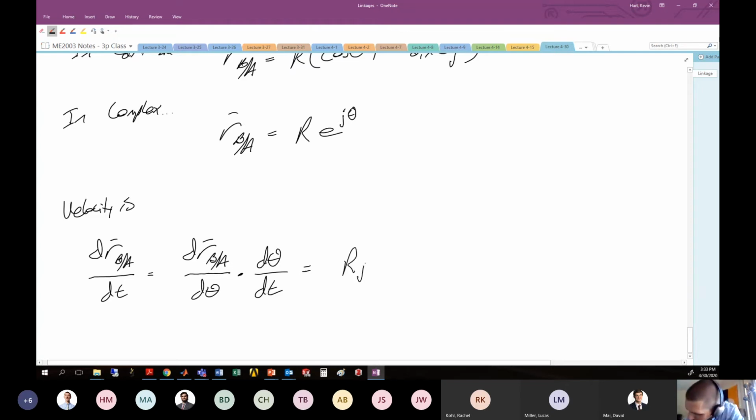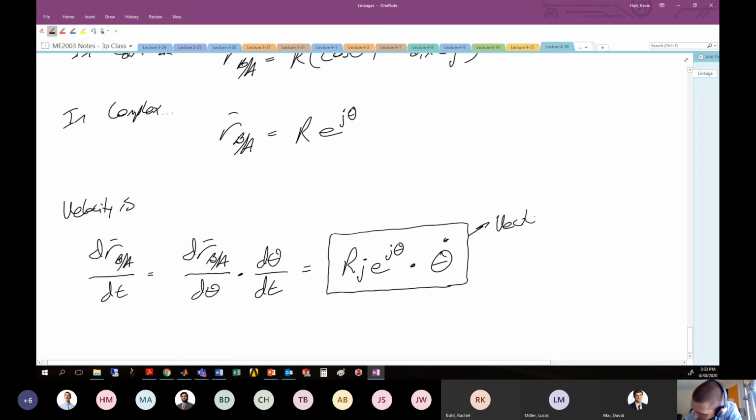So this is r j e to the j theta times theta dot, the derivative of theta with respect to time. Easy, a caveman can do it. So this is a vector representation of our velocity.